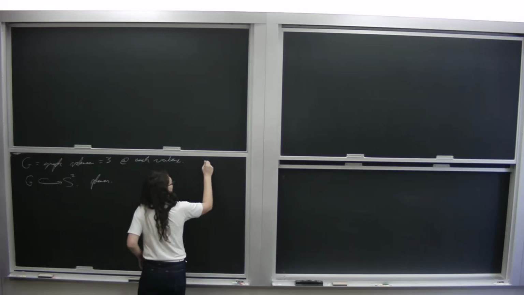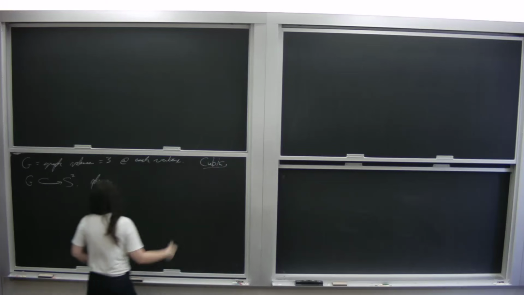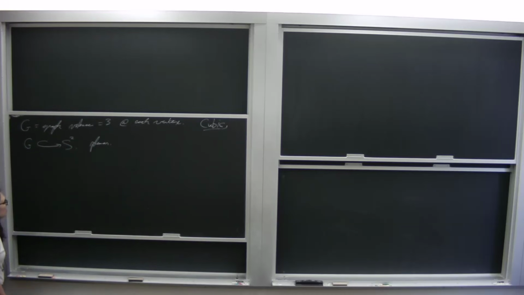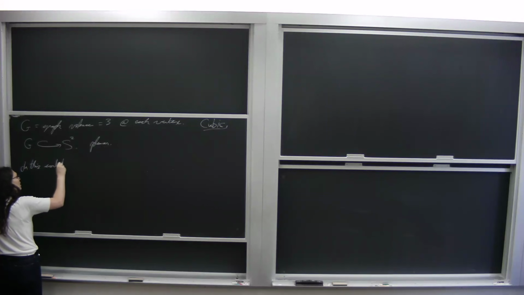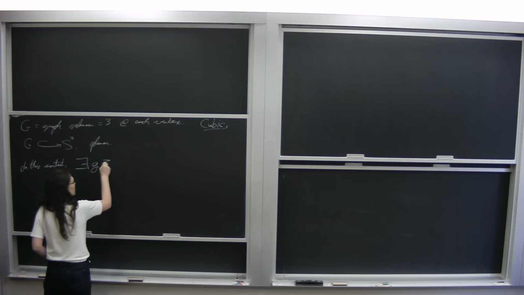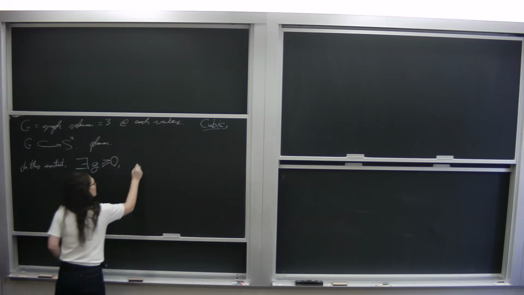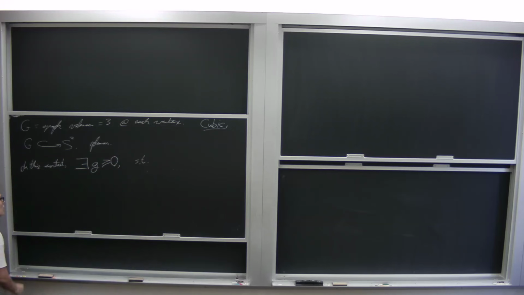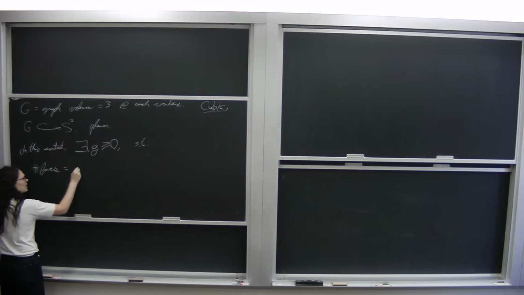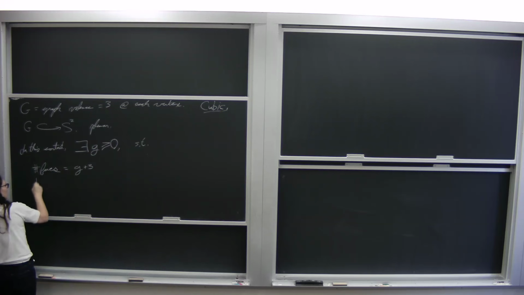Sometimes called cubic. Okay, and so first I want to say that in this context there exists some g, which is a number greater or equal to 0, so that the number of faces is equal to g plus 3.